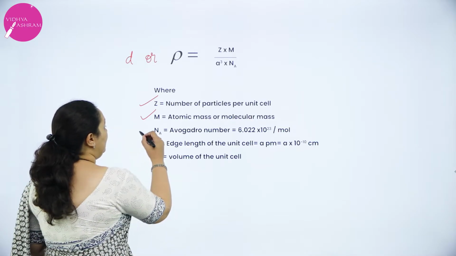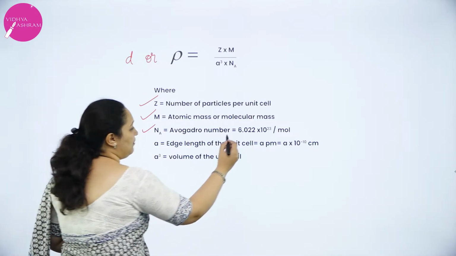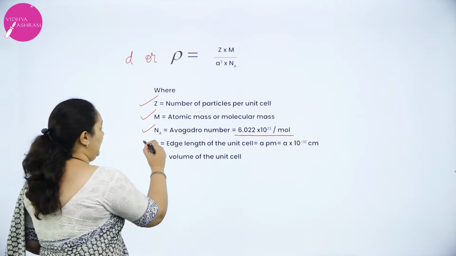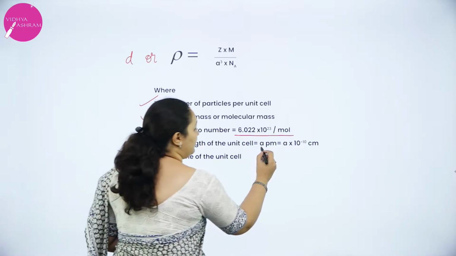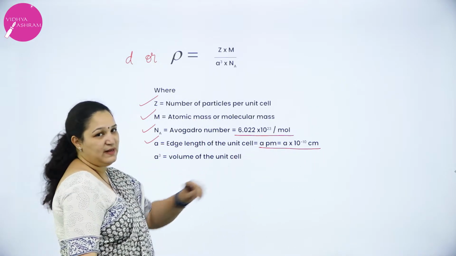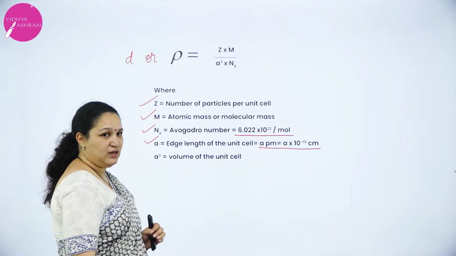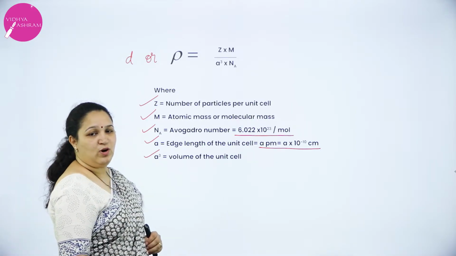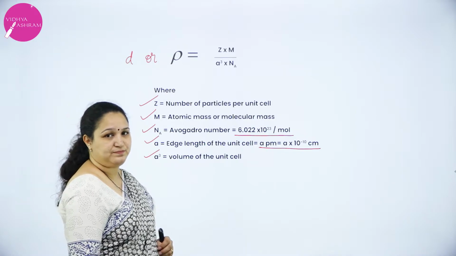What is Na? It is Avogadro number. Then you have A, which is the edge length. If it is given in picometer, you need to convert into centimeter. I shall explain this conversion in the numericals. A cube is the volume of the unit cell.